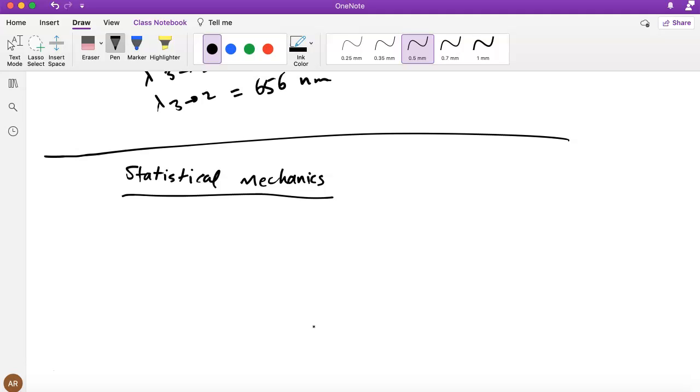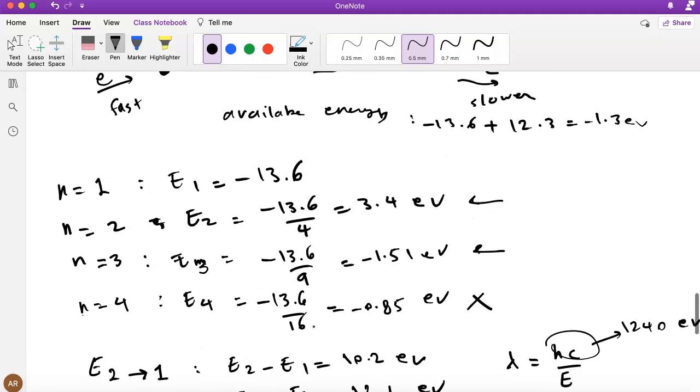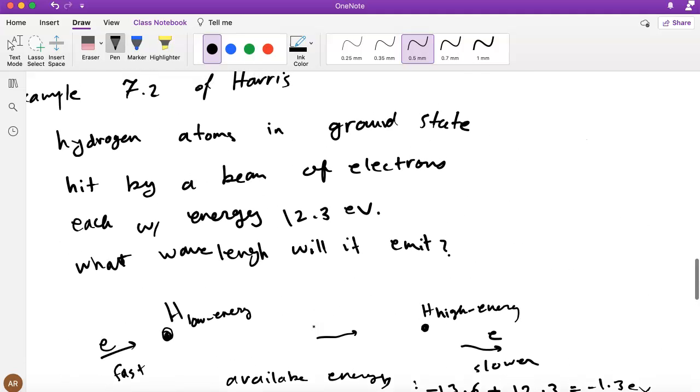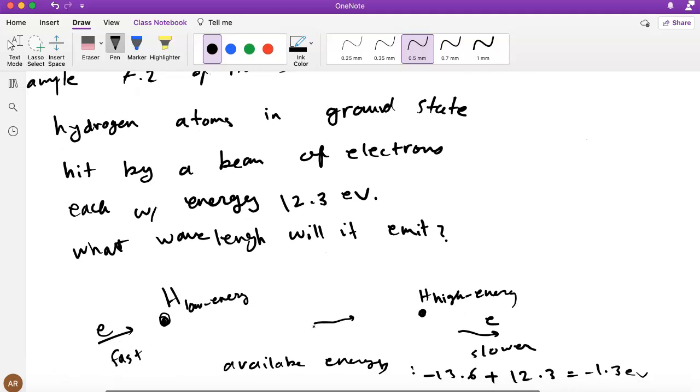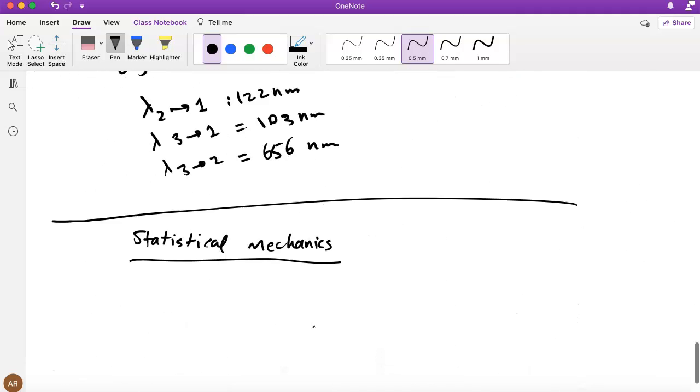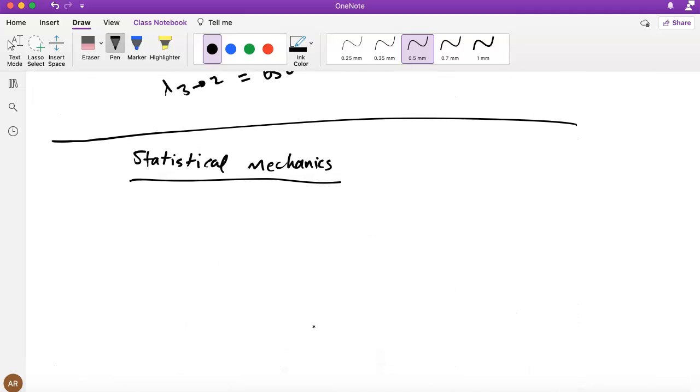So if you just have one atom, which can have these low energy and high energy states, well, there is this intuition that the hotter this system comprised of these atoms is, more likely you are to have the excited states. So the example we just worked out, for example, we had this assumption that initially everything is in the ground state because it's really cold, right? And then the only transitions you can get is from the electron beam hitting the atom and exciting it.